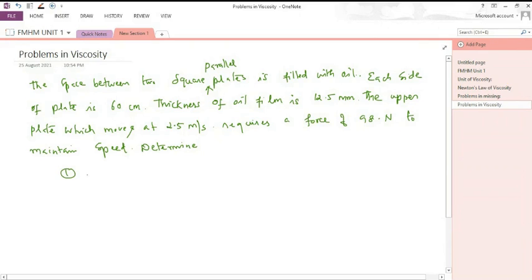First thing is dynamic viscosity, which is denoted by the symbol mu, of the oil in the plane.